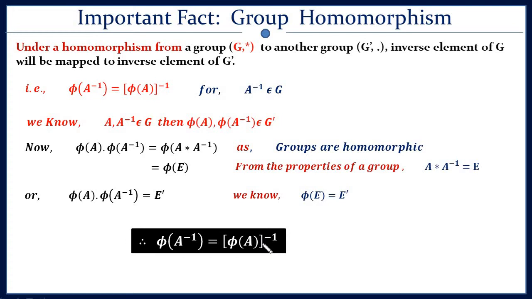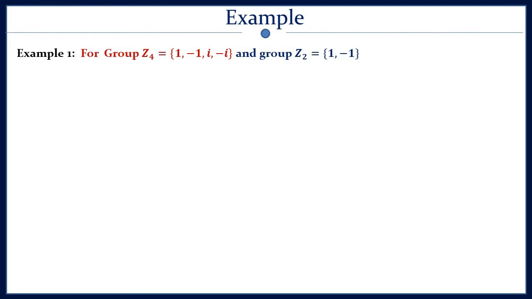Okay. We have just seen the definition of group homomorphism and the important facts related to it. Now we will understand this from examples. So the first example is, for a group Z4 and a group Z2, we define a relation phi such that phi A will be mapped to 1 for A equals 1 or minus 1, and this A and minus 1 belong to group Z4, and phi A will be mapped to minus 1 for A equals i or minus i, and this i and minus i belong to group Z4.